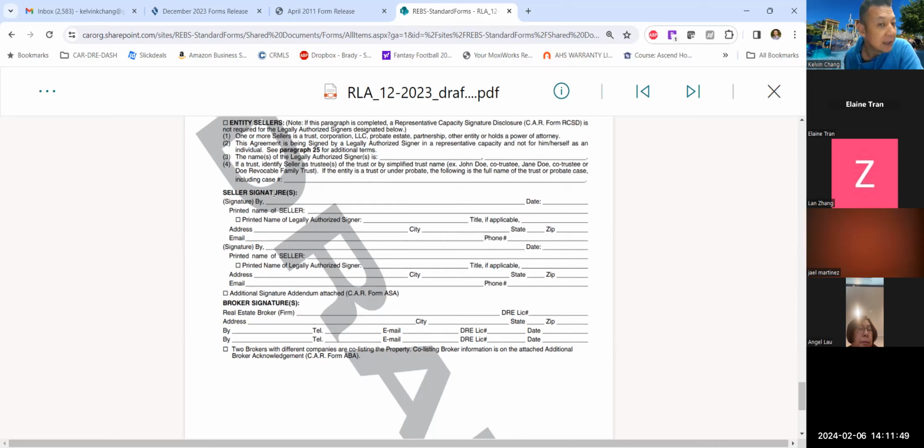The listing agent opened the escrow. The listing agent collected and requested for the deposit to be delivered to escrow. Our buyer is performing. Our buyer set up the loan and set up the appraisal and an inspection date.